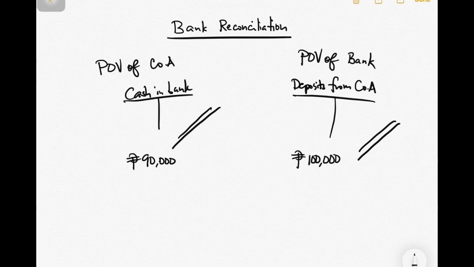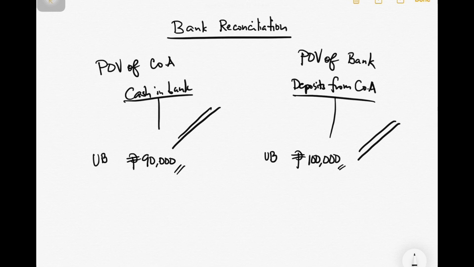And the amount here, 90,000, which is taken from your cash in bank T account, is called the unadjusted balance in the books because we will be adjusting this one. And then, the amount you have in your bank, the 100,000 here, is also called the unadjusted balance but with the bank.